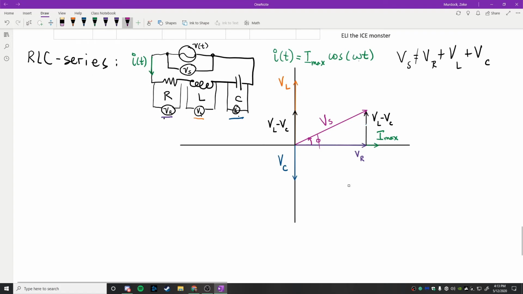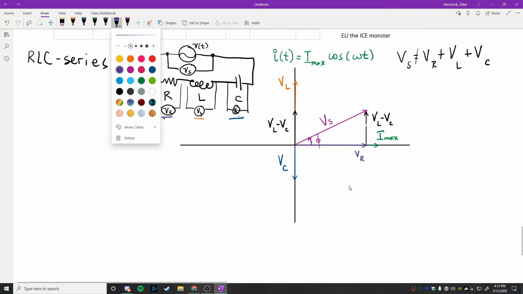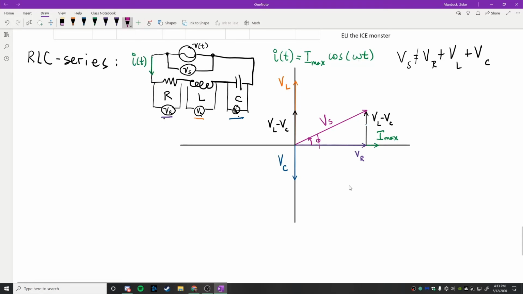What we're going to say is that if I want to find the voltage across the source, I would argue that we can use the Pythagorean theorem. We have a right triangle here.